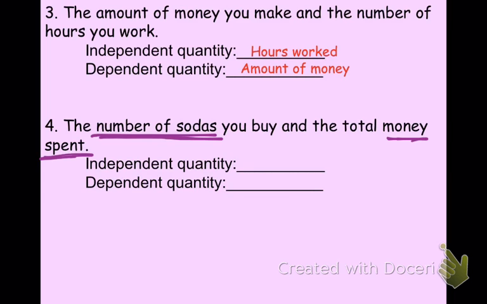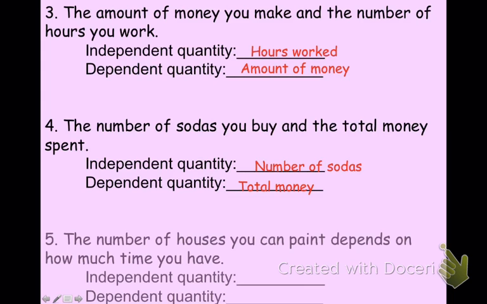They can't charge me until they know how many sodas I want. So the thing that comes first is the sodas, then the price of the sodas. Money depends on how many sodas you're going to buy. So number of sodas is an independent. The total amount of money we spend on those sodas is a dependent. The money depends on the sodas.